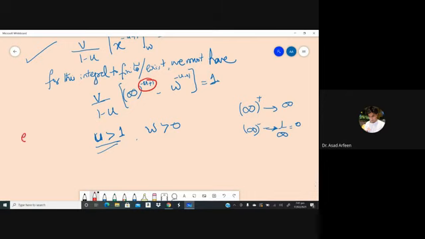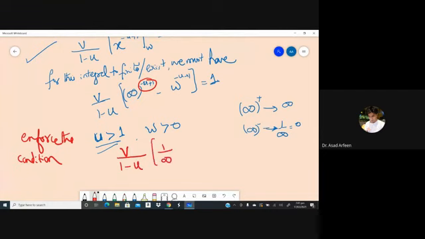we must enforce the condition that u is greater than 1. Okay, in this case, v over 1 minus u, then this will become 1 over infinity.